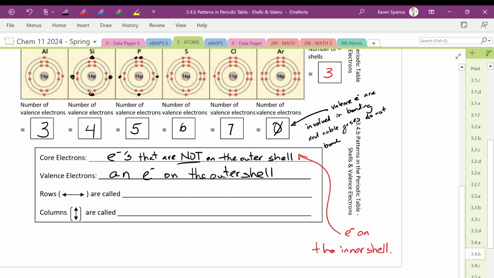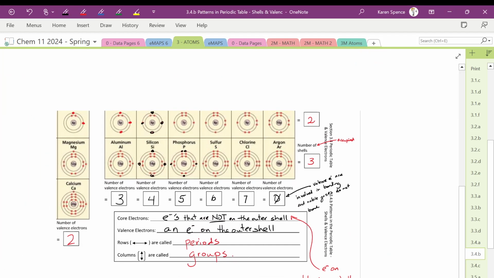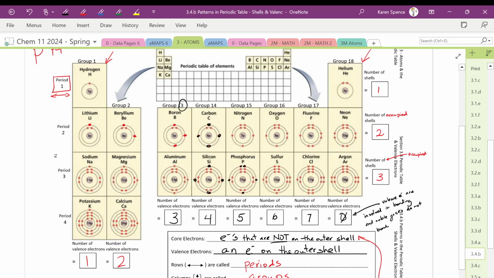Rows are called periods. Columns are called groups. Excellent. So are you starting to get a feel for all those patterns that we have in the periodic table, especially groups 1 and 2 and groups 13 to 18? What do we call these elements, the ones that are in groups 1 and 2 and groups 13 to 18?